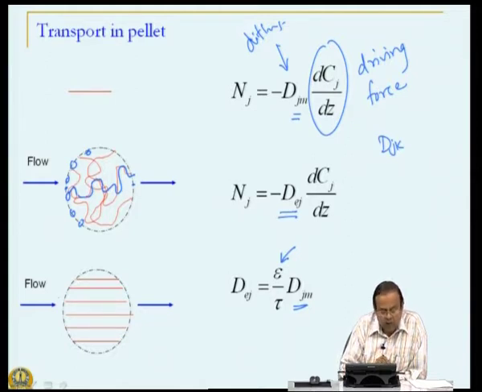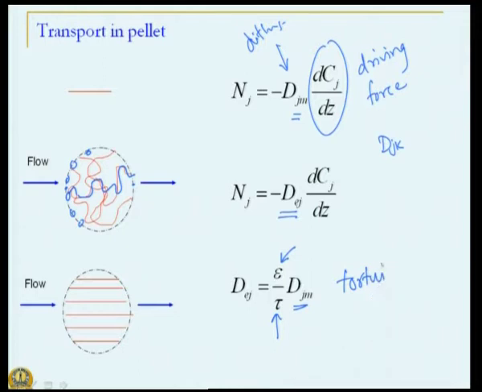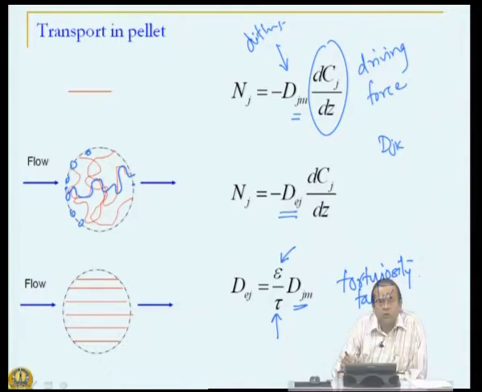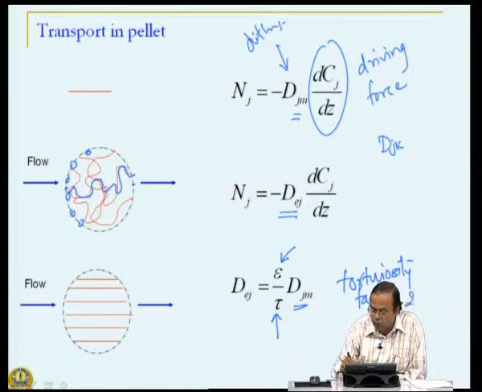And if you are again describing the flux in terms of the major flow direction or the flow direction of the bulk, then we have to introduce another factor tau, which is called tortuosity factor, which is anywhere from 2 to 7 roughly, greater than 1.